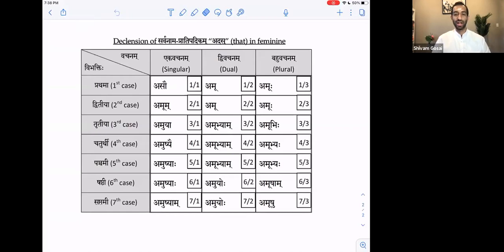Amuya, amubhyam, amubihi. Fourth case. Amushyai, amubhyam, amubhyaha.